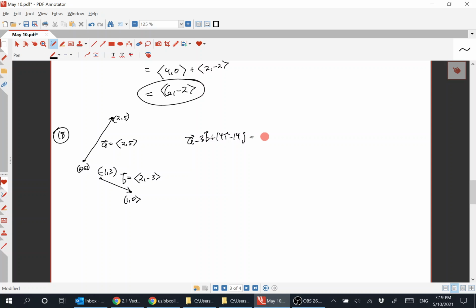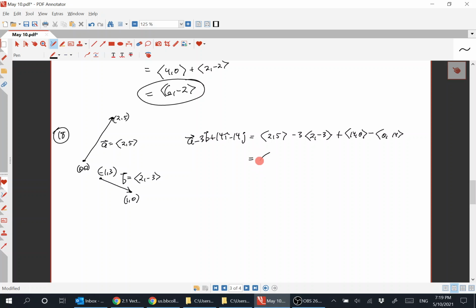So this is equal to 2, 5 minus 3 times 2, -3, plus 14I, so that's 14, 0, minus 14J, 0, -14.